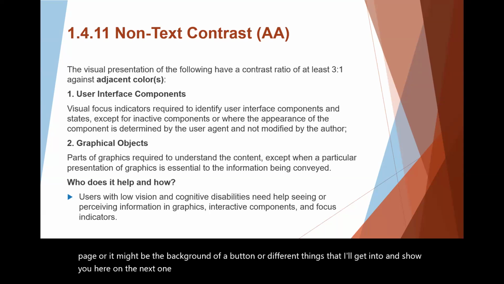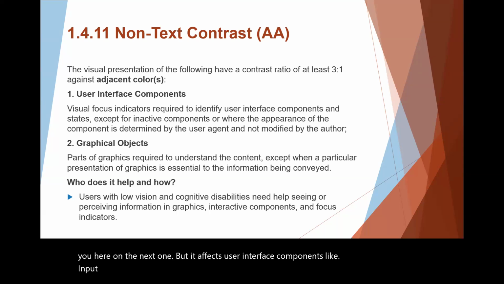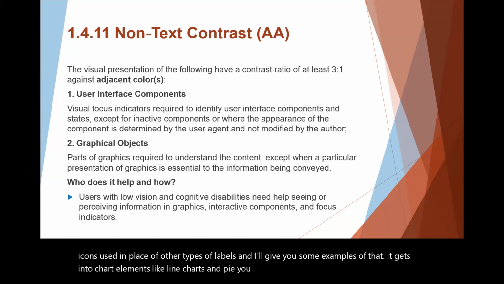But it affects user interface components like input field outlines, different things like that. Graphical objects, many times you'll see icons used in place of other types of labels, and I'll give you some examples of that. It gets into chart elements like line charts and pie pieces in a chart, things like that.